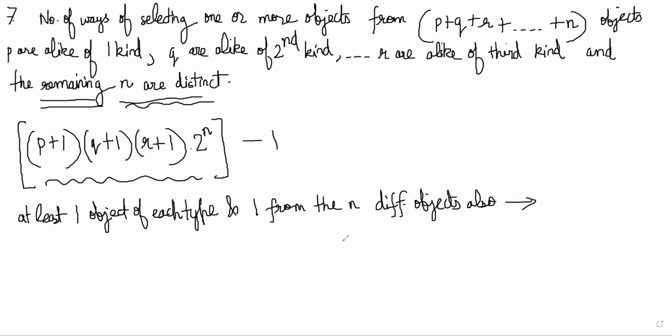Then the number of ways would have been what here? I have to select at least one from this, and this types, and one from the n different groups.